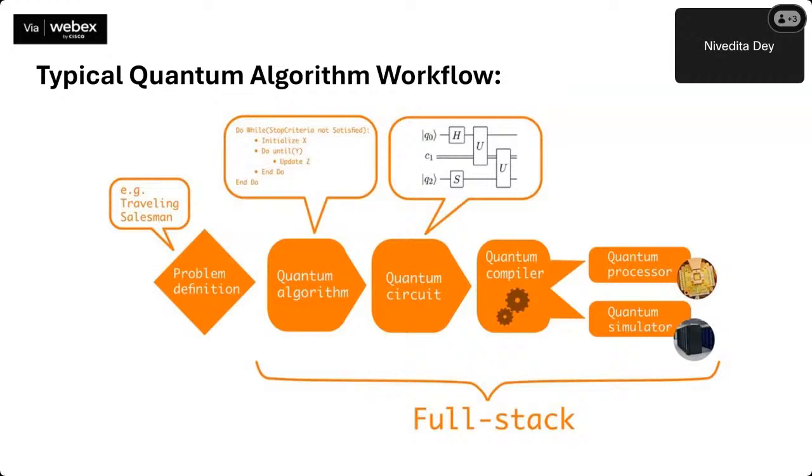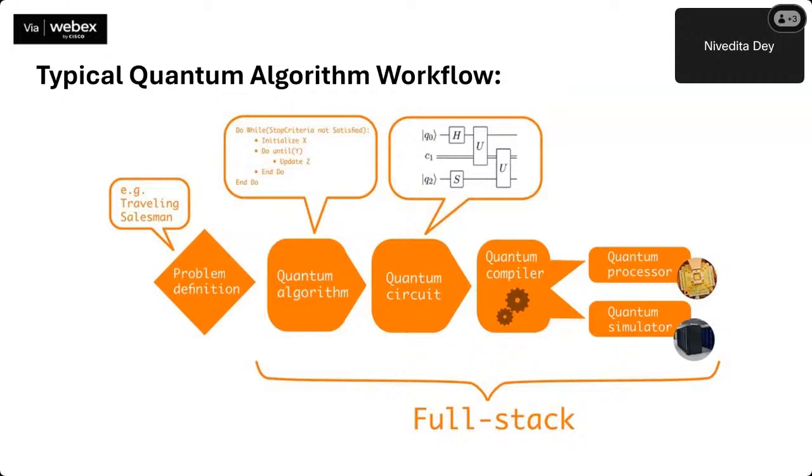Once we frame the algorithm, we will try to map it with respect to the physical libraries that we have. That is, we have to devise the kind of quantum gates corresponding to the quantum algorithm so that the resultant is the same for the algorithm as well as the circuit implementation. Once I have devised the circuit, I will put it to the quantum compiler, for compilation and all.